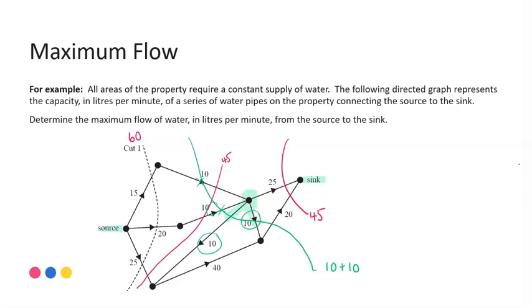So I actually don't have to count those values. But then finally, I do get stopped here, so I have 20. And so that gives me a cut with a value of 40. So that's a better number than 45. So I can now say that my max flow is equal to 40 litres per minute.